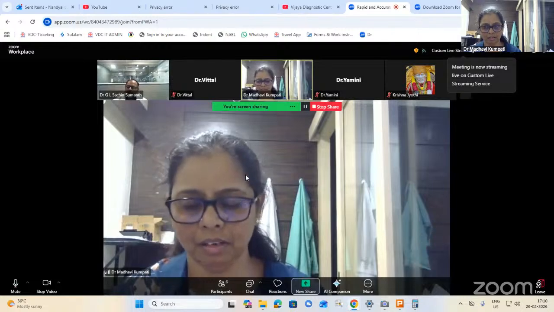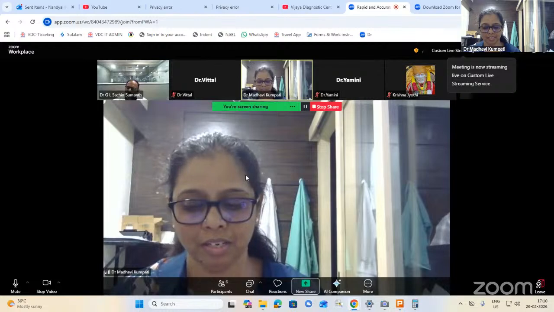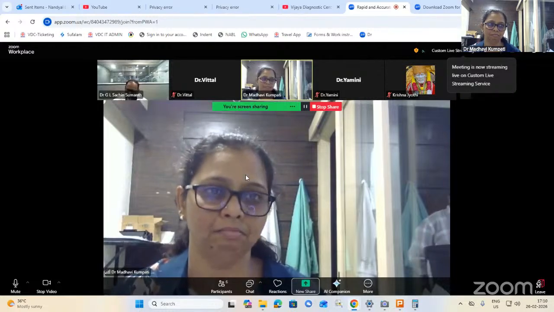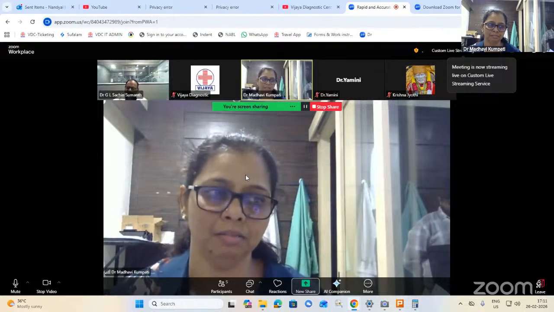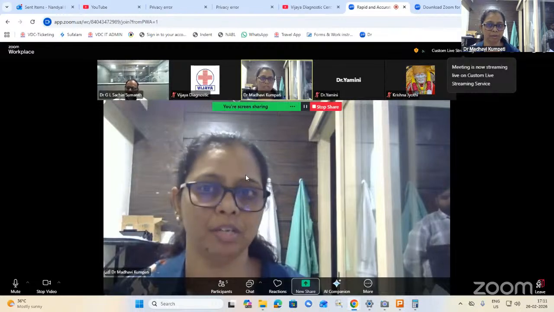And the other challenge that we face in the microbiology laboratory is the amount of sample. We keep getting blood culture bottles which are improperly filled.